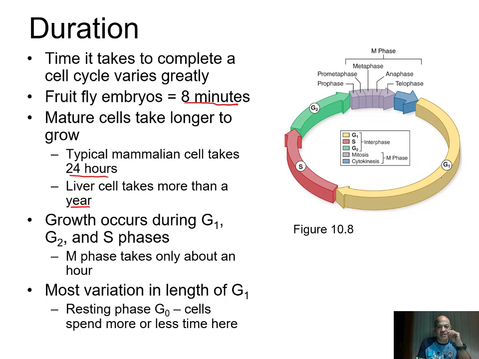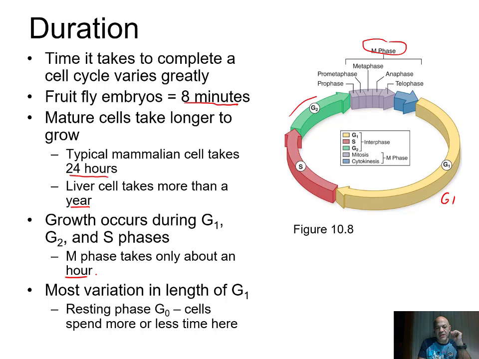So the longest stage of the cell cycle is going to be interphase, and in interphase, the longest stage is going to be gap 1 overall. If a cell commits to doing this, it's going to take a little bit of time to synthesize their DNA and then do the final preparations. The entire M phase, though, will only take about an hour.